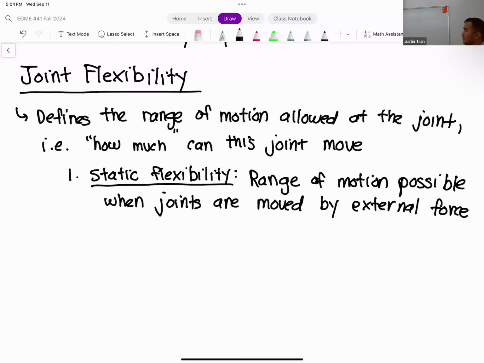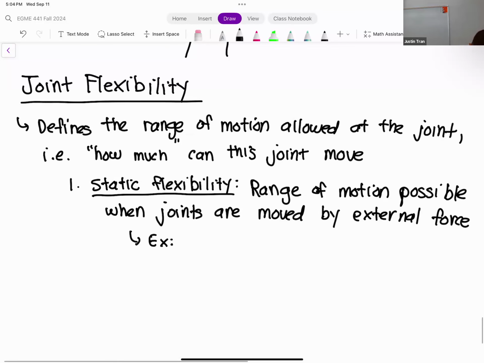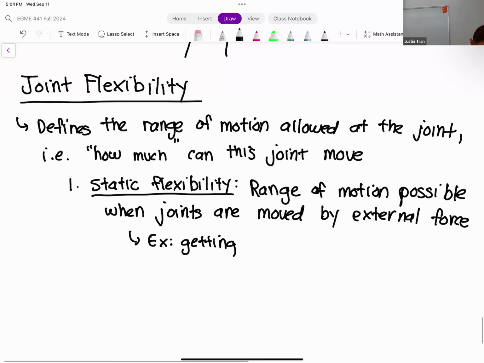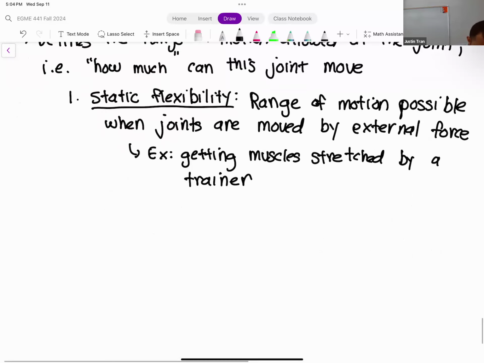That is static flexibility. In static flexibility, your own muscles aren't involved at all.